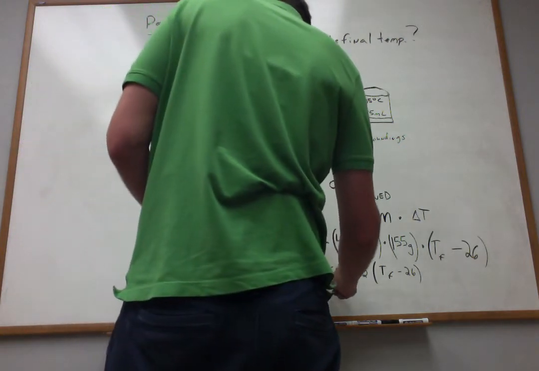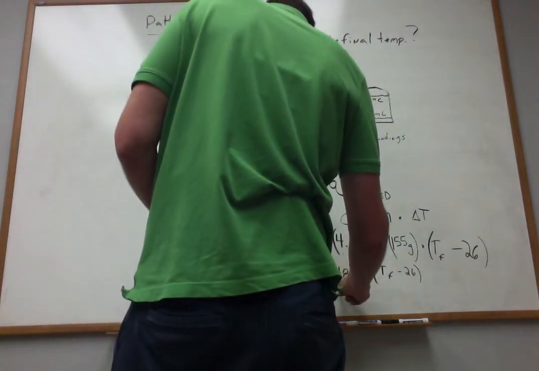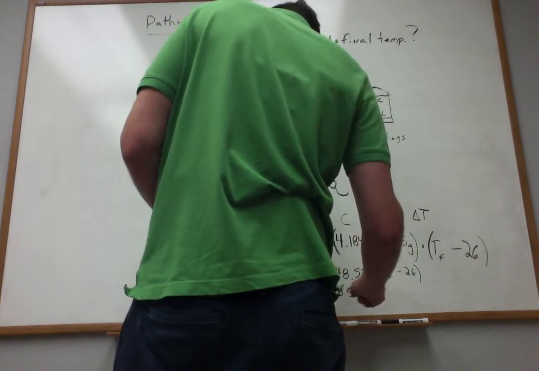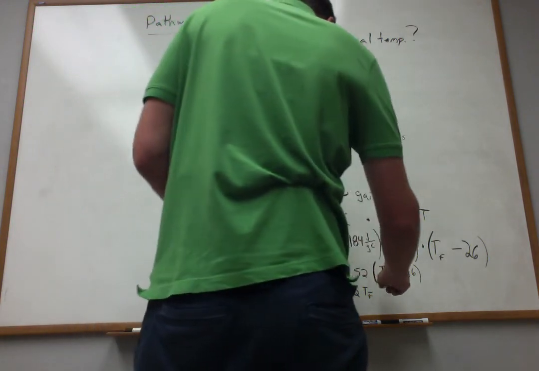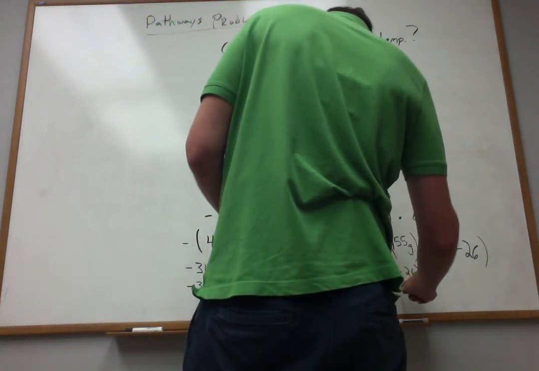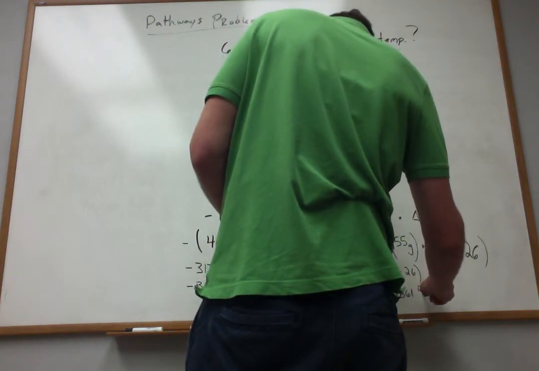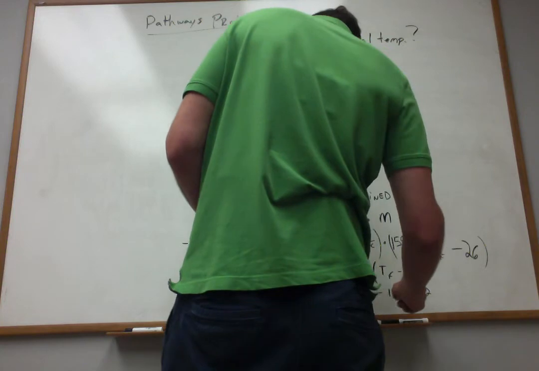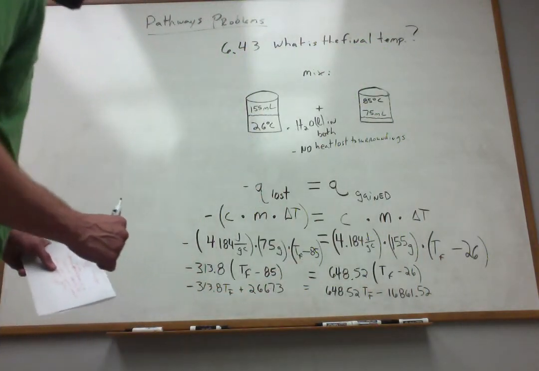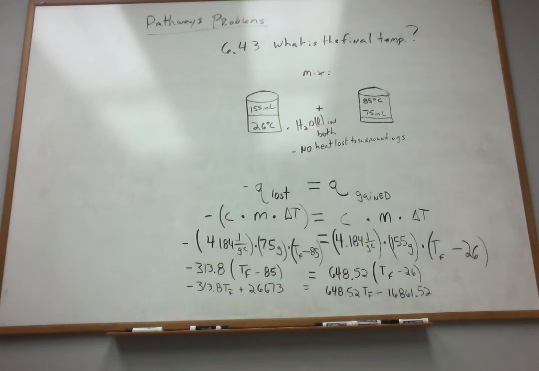And that's going to equal 648.52 times T sub F minus 16,861.52 for the multiplication of 26 times 648.52. All right, so we're just cleaning up the equations here.